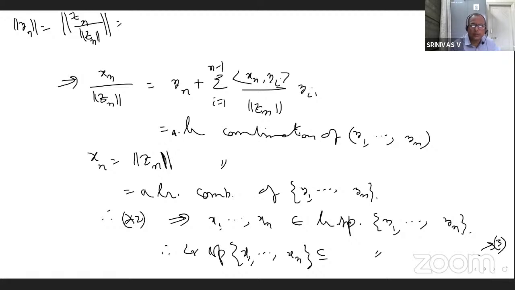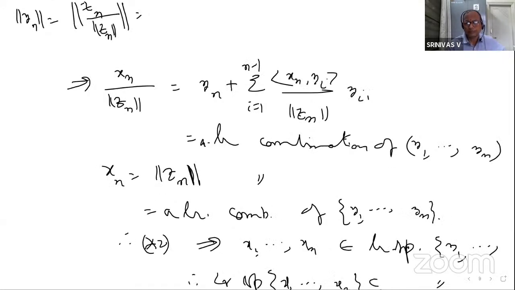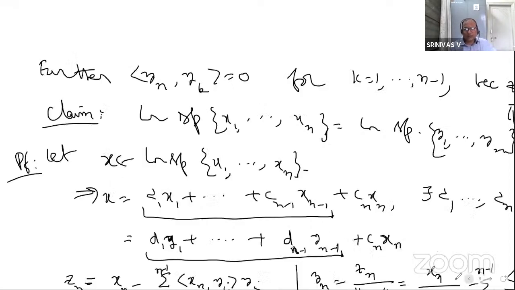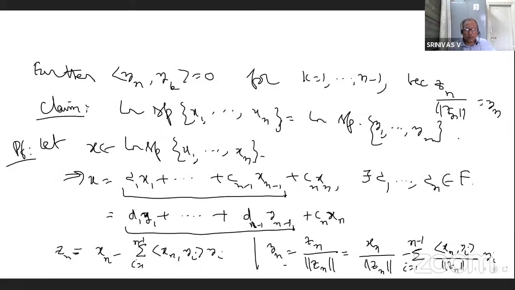So that is 1. So yn is of length 1 and it is orthogonal with y1 up to yn minus 1. It is orthogonal with the other yk's.